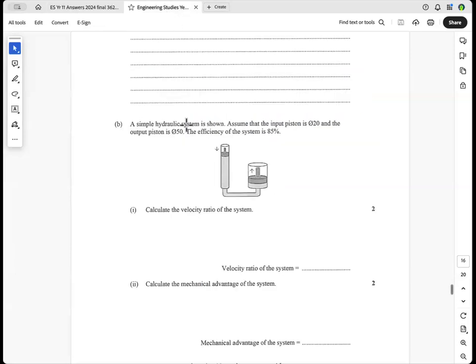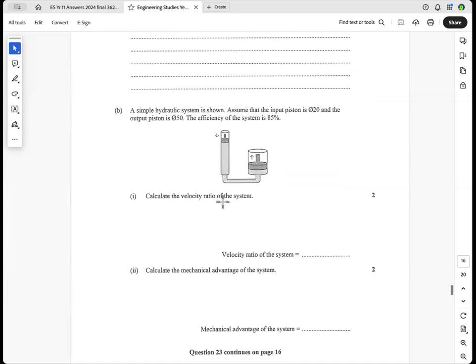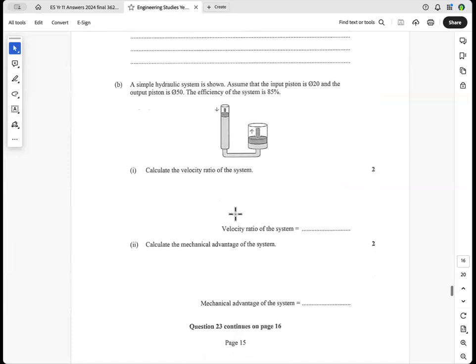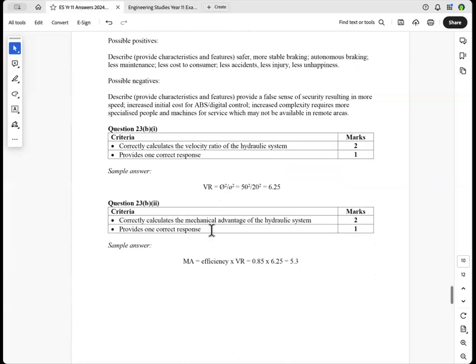The next question, and if you got this one wrong and you used a wrong velocity ratio up here, you still got 4 marks for this here. So you've got to work out the mechanical advantage of the system. As you know, mechanical advantage equals efficiency times velocity ratio, and it's 85%, and you can't use a percentage.